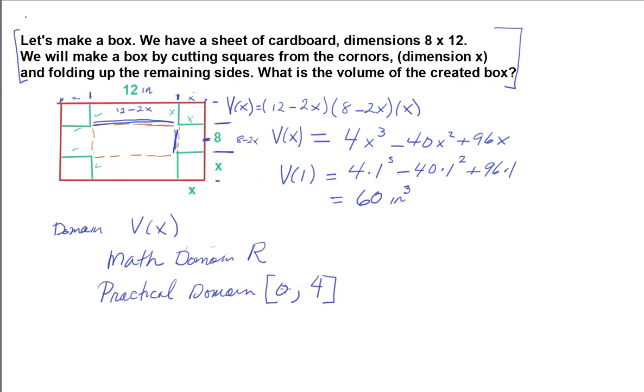I would call these degenerate cases, and it's really the values between 0 and 4 that are interesting, but you can defend using 0 and 4 with the square brackets out here, and you may have to defend that at some point. So that's the practical domain. The practical domain is the domain that's imposed once we put a context on a problem.